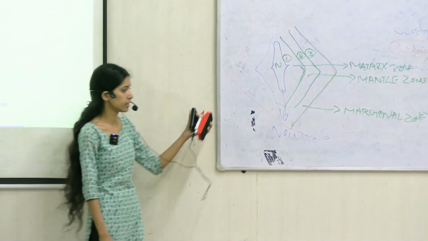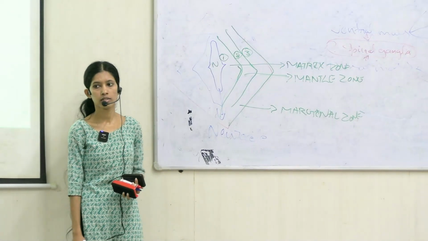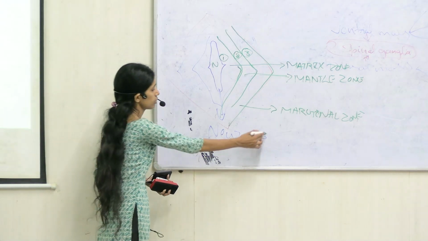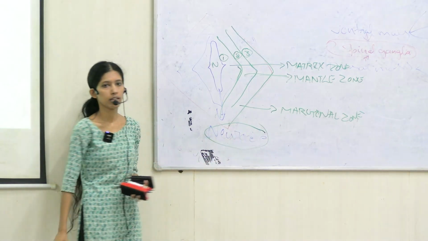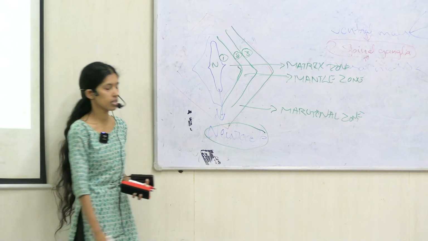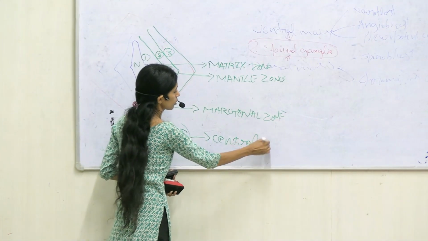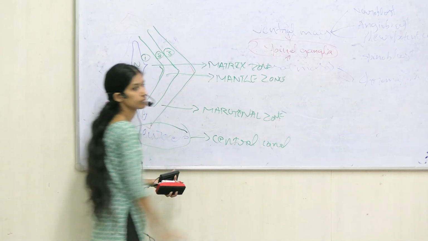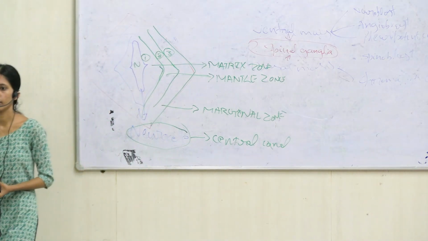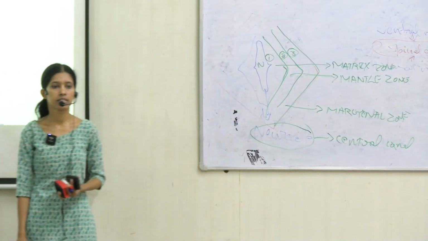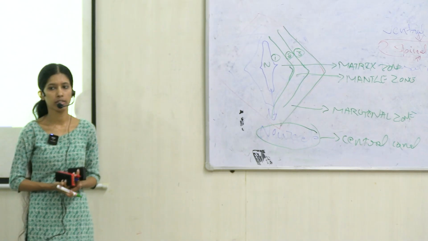What are the other derivatives of the structure? The neurocele, the cavity which you see in the early embryonic stage, will later develop as the central canal of the spinal cord.